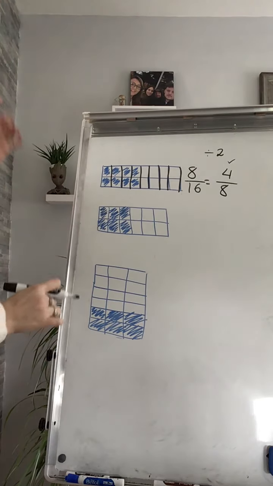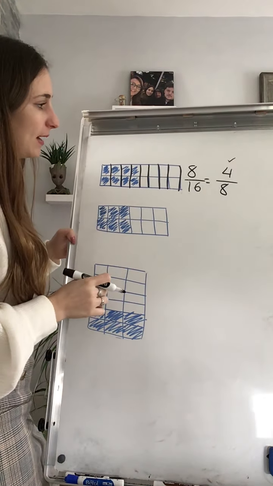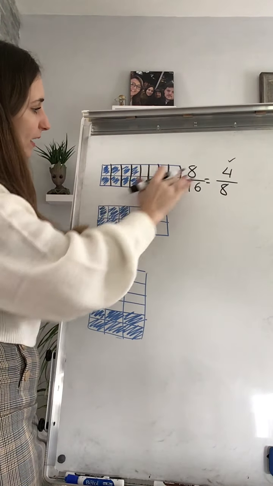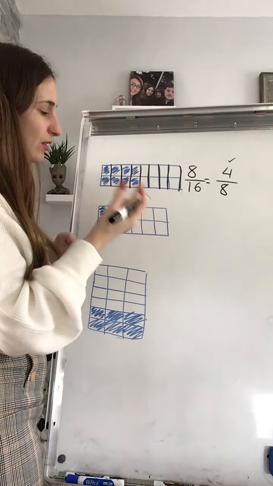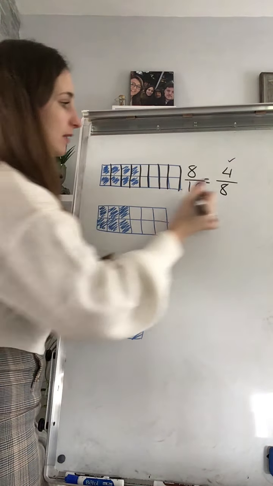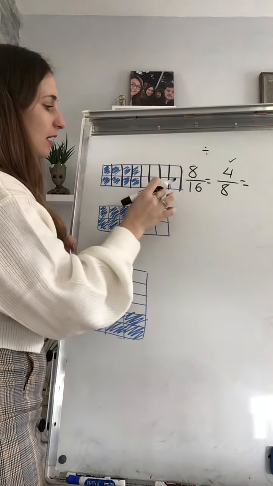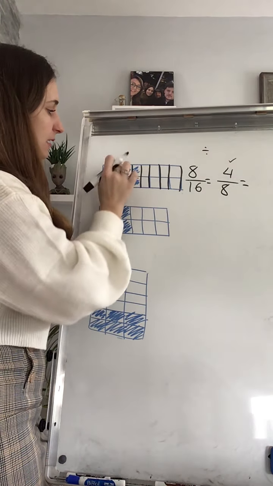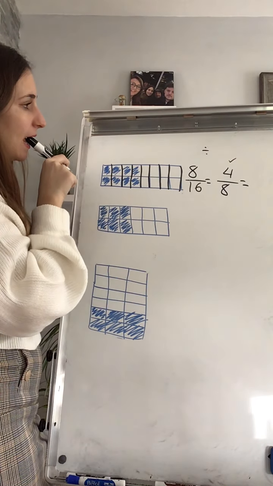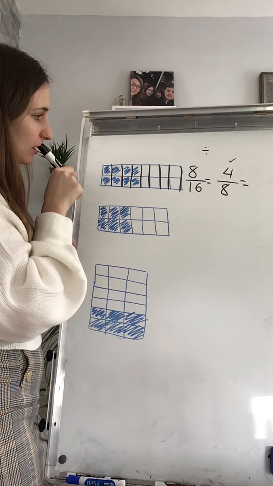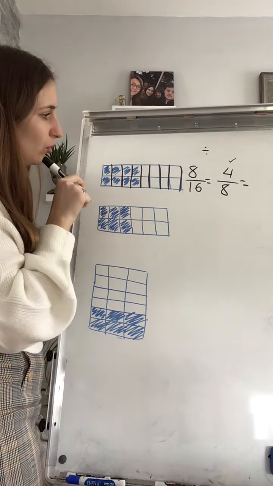All right? So now let's see, is there any other number that I can divide them by? Is there any other way I can organize my diagram and split it differently to make it equivalent? I'm going to do another division. Instead of 16 equal parts, and instead of 8 equal parts, what about if I do 4?